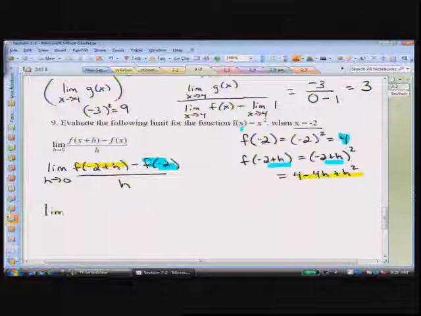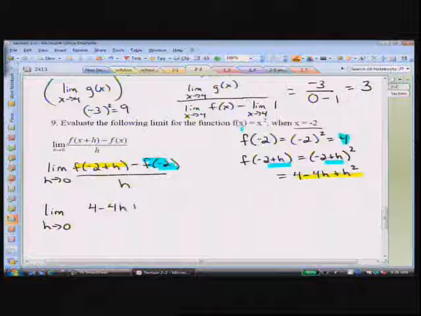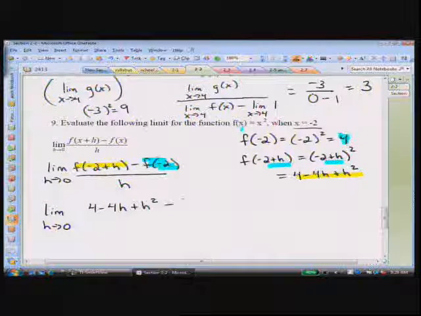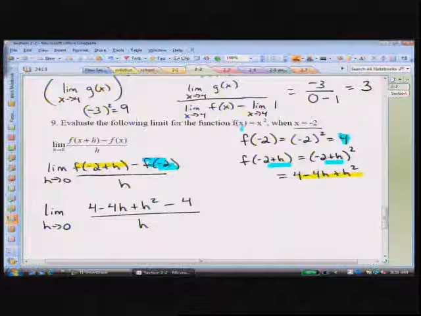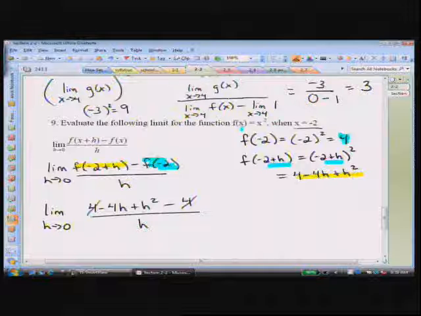So I'm going to have the limit as h goes to 0 of 4 minus 4h plus h squared, minus 4, all over h. You know you've done these correctly if everything that doesn't have an h in it cancels out in the numerator. Notice I have 4 minus 4, which goes away, and then I just have h's left.